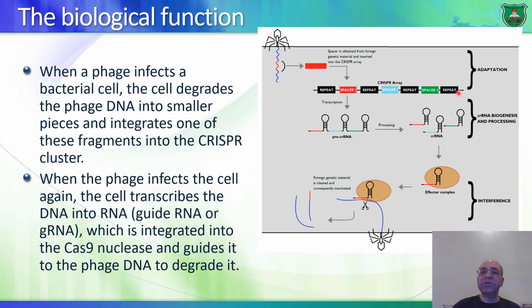So this is the CRISPR system, clustered, regularly interspaced palindromic repeats. These are the repeats in black, and these in color are the pieces of bacteriophage DNA. And this genetic system can be transcribed, producing several RNA molecules, and these are known as the CRISPR RNA.